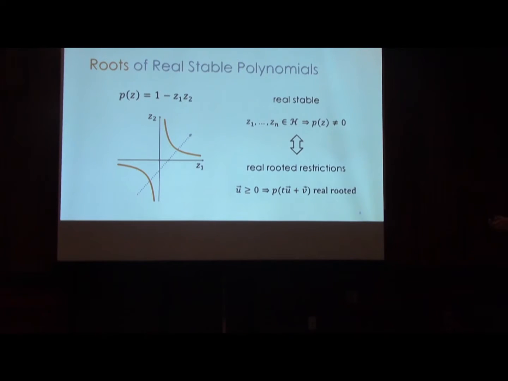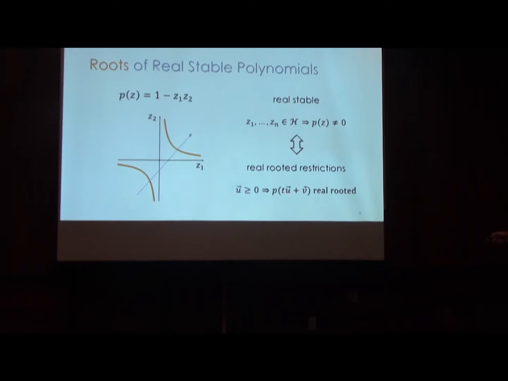Now, there is this equivalent definition for real stability, which we are going to be using sometime later, which works with the roots of the polynomial in the real plane. It doesn't deal with complex numbers at all. That definition is that if you look at this polynomial at any linear restriction, right?